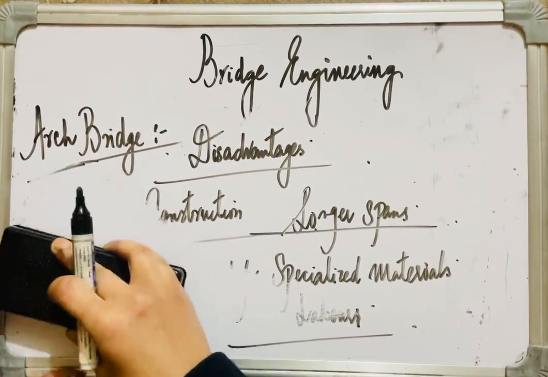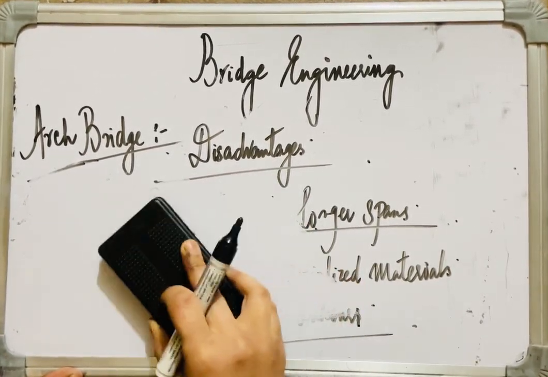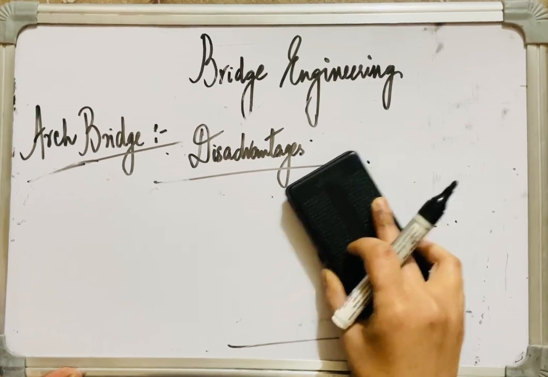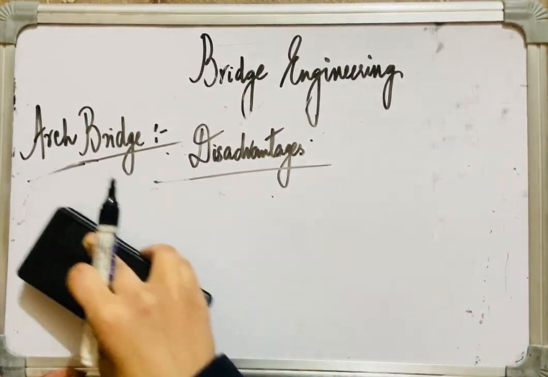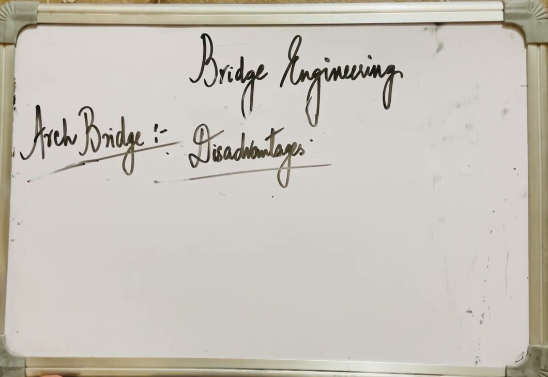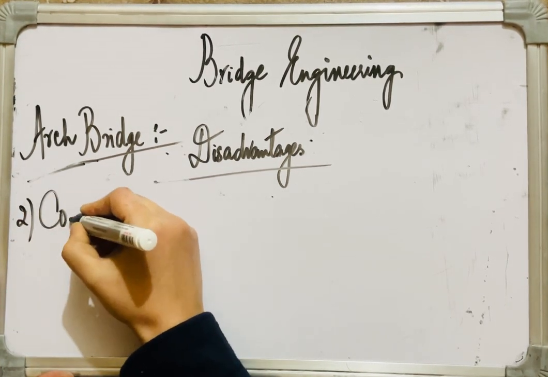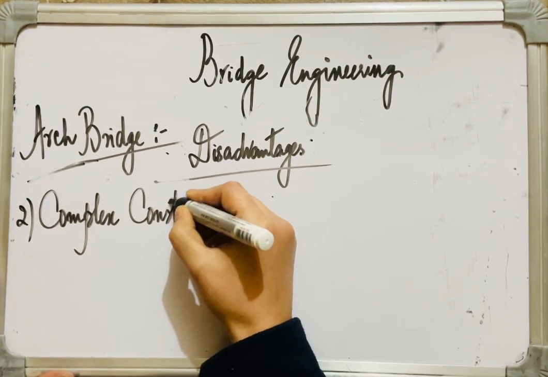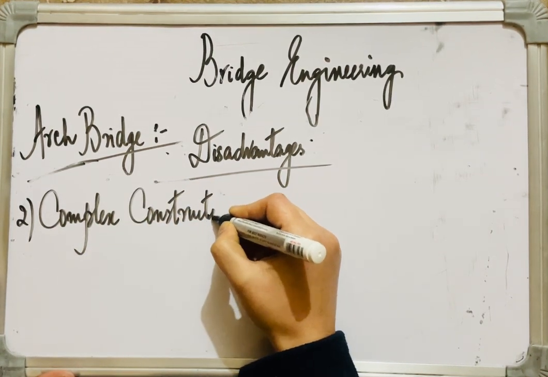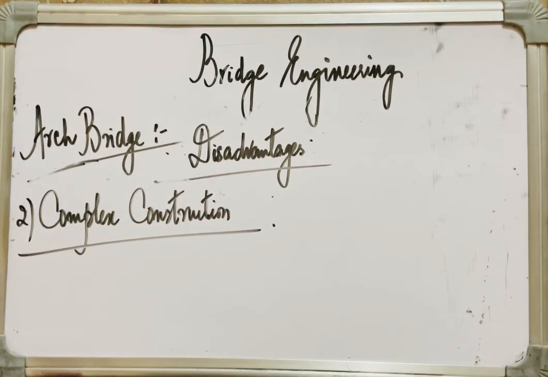The second disadvantage of these bridges is that they have a complex construction. First one was that they have expensive construction. Second one is that they have complex construction. Building an arch bridge can be technically challenging, often requiring precise alignment and significant groundwork.